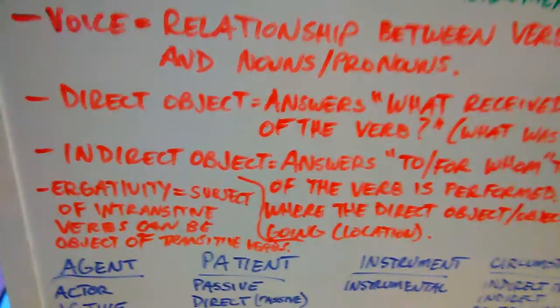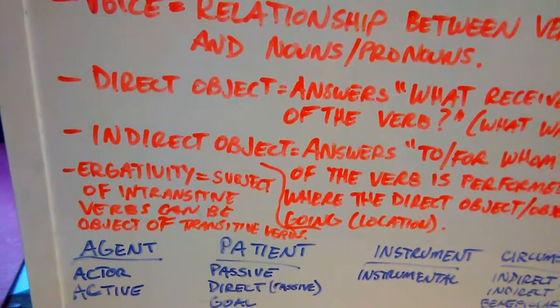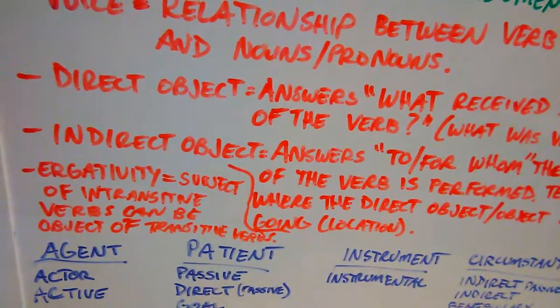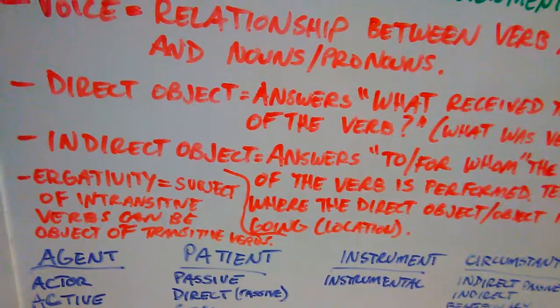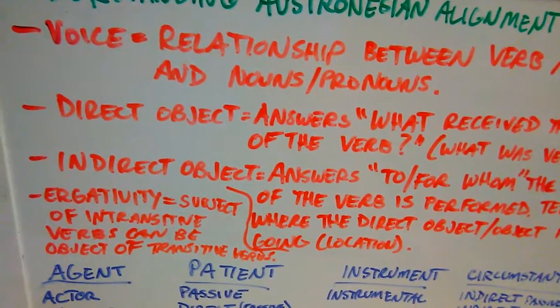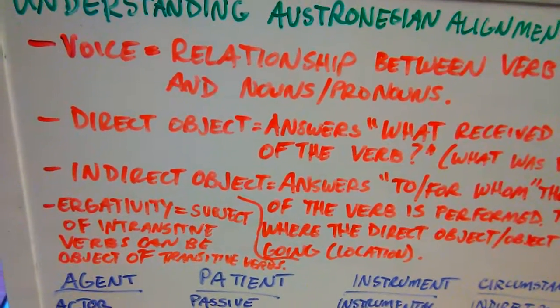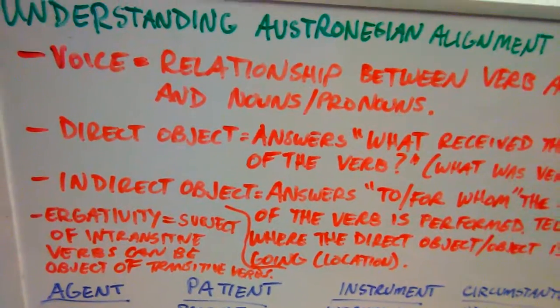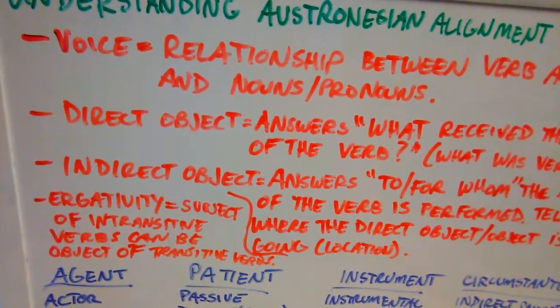And lastly, I put down here ergativity just for review, right? Ergativity is when the subject of an intransitive verb can be the object of a transitive verb, right? Again, that goes with the cases, right? Your ergative cases and the switches around with the subjects and the objects of the cases.